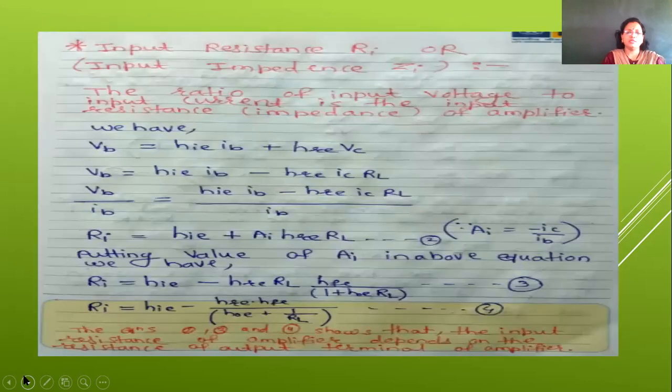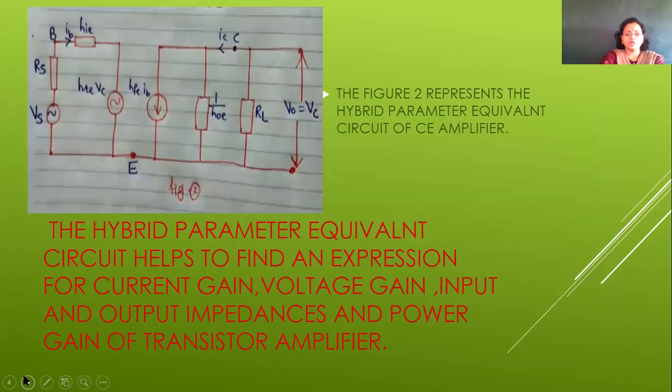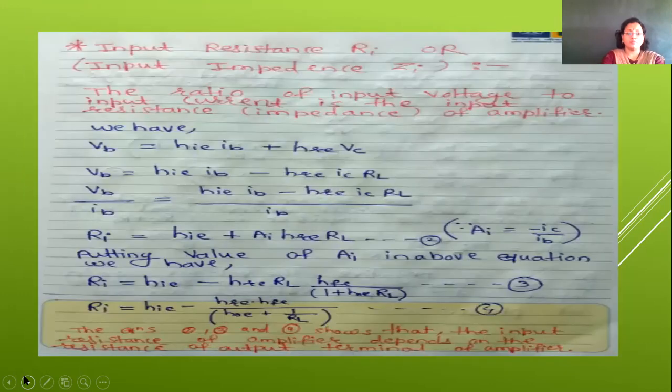Then the second parameter is the input resistance, denoted by RI or input impedance ZI. Input resistance is the ratio of input voltage to input current of the amplifier. Using diagram number 2, we get VB is equal to HIE IB plus HRE VC.